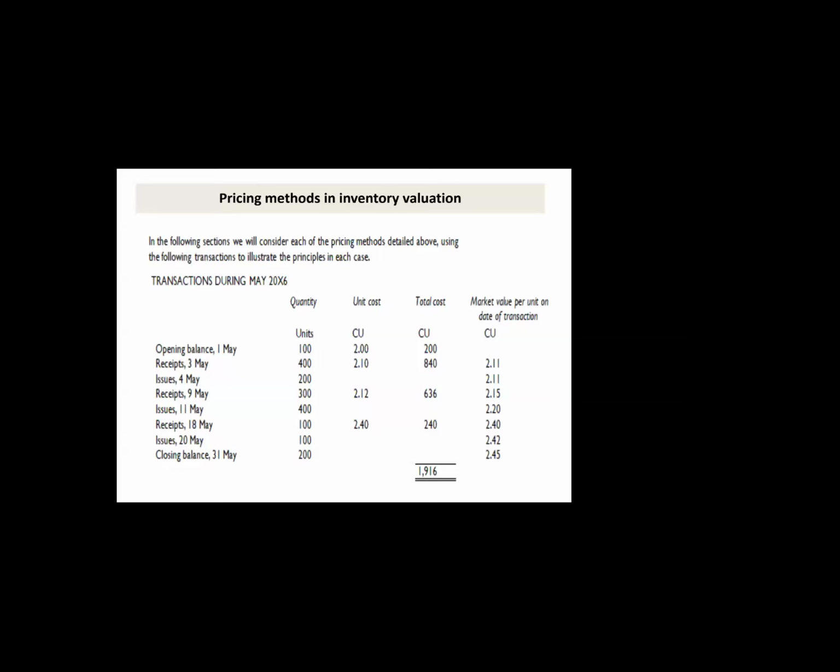So the weighted average cost per unit would be 1040 divided by 500. How much? 2.08. So on May 4, we will issue 200 at the rate of 2.08.